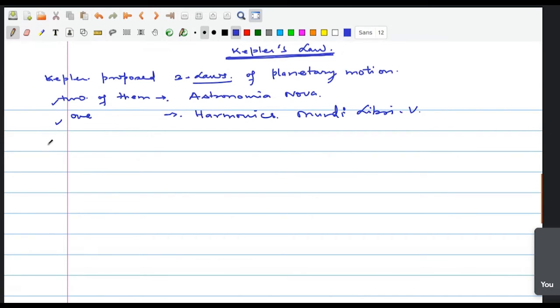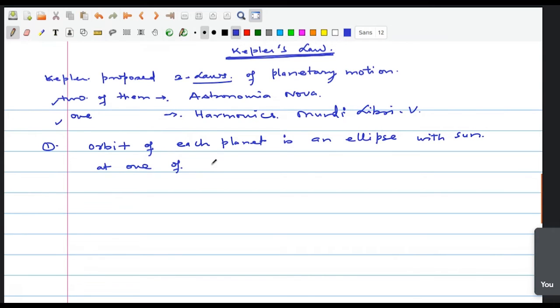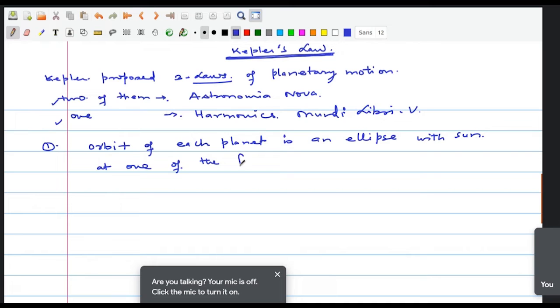And Kepler's first law, as we stated, is that the orbit of the planet around the sun is an ellipse, with the sun at one of its foci.